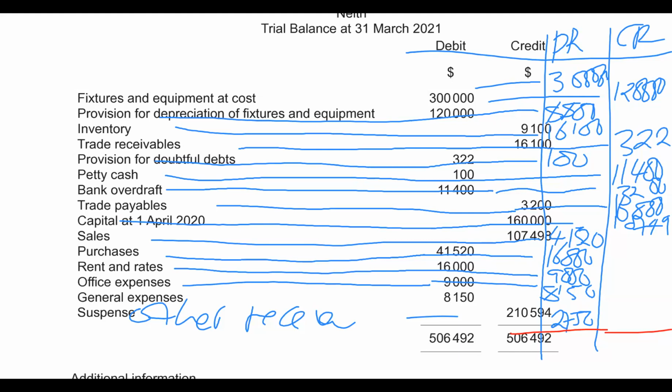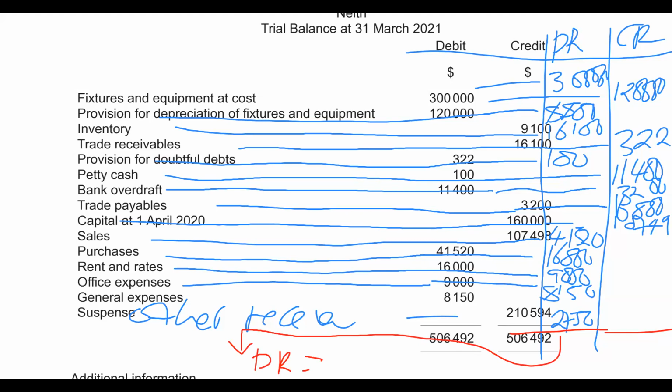Are people doing the calculations? 403,220. You can try again. What's the first figure?